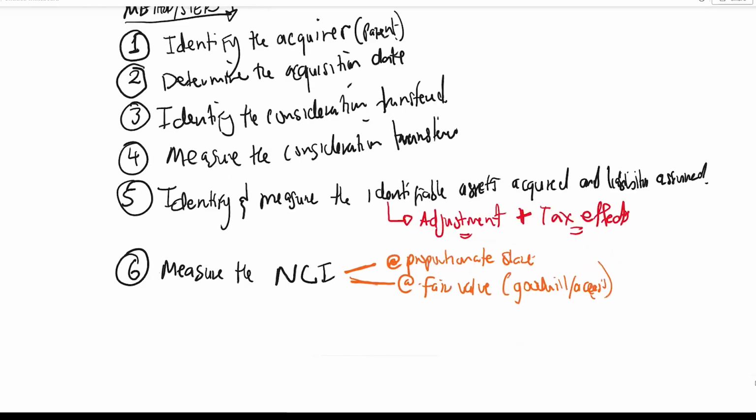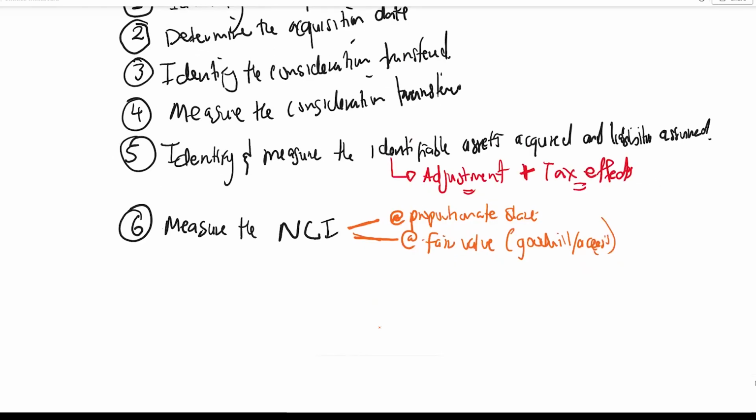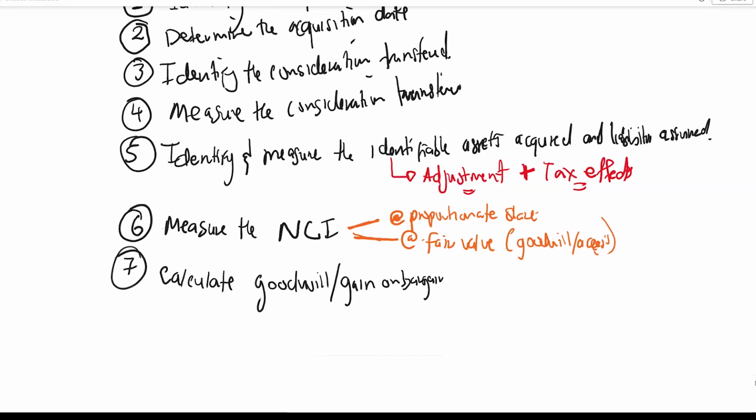Then step 7. After I've measured my NCI and every other measurement that I've done, I need to determine the amount of goodwill. So, calculate goodwill, or gain on bargain purchase, also known as excess, actually.